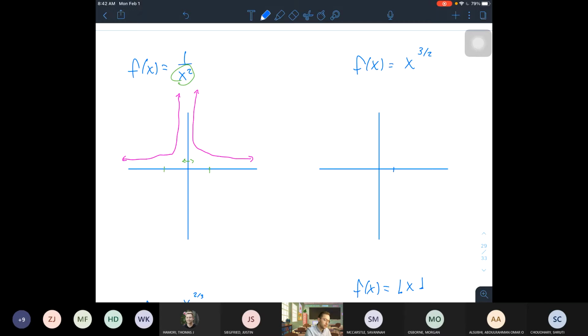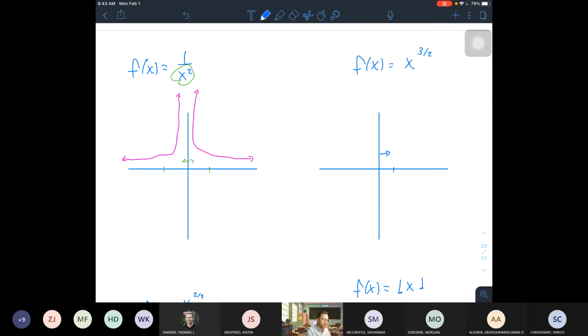First of all, we should make sure that we're only graphing on the positive side of the y-axis. So we should have only positive x values being plugged in here, because no matter which way you slice it, if we plug in a negative number and cube it, we'd get a negative number, then take the square root. We can't do that.